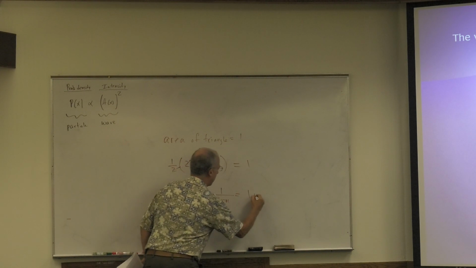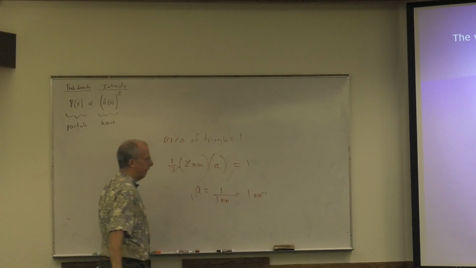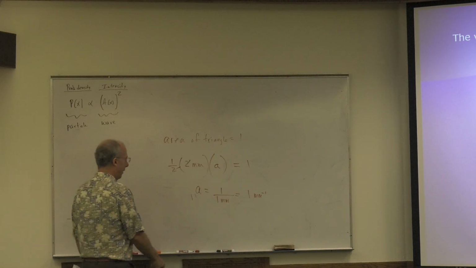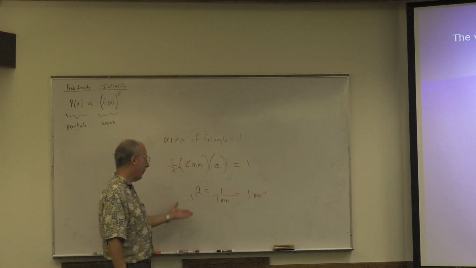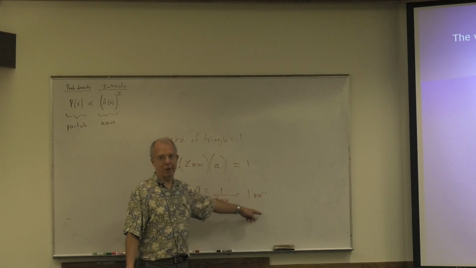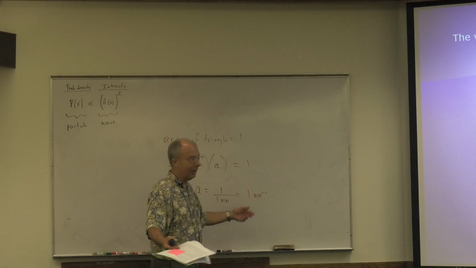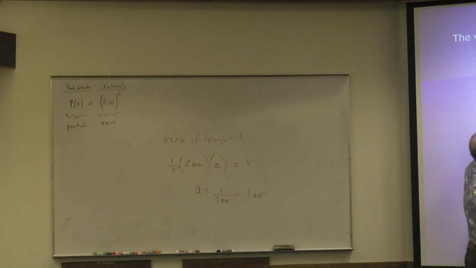So it's 1 inverse millimeter. Okay? All right? There it is. We don't usually have things with a unit of inverse millimeters, right? But that's what it is, okay? But it makes sense, because think about it. The unit here is inverse millimeters.